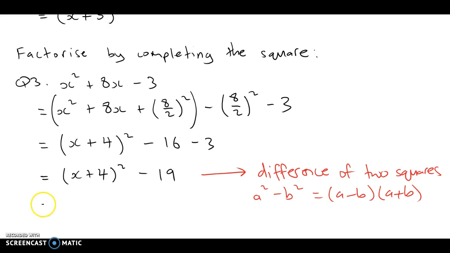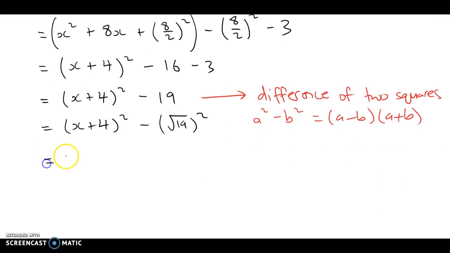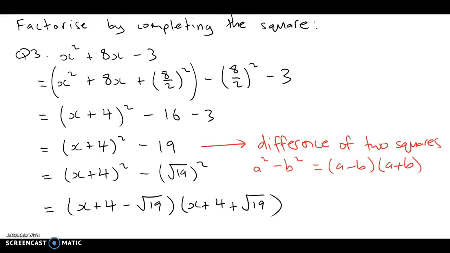Let's keep going. x plus 4 squared minus root 19 squared will give us x plus 4 minus root 19, x plus 4 plus root 19. And now we've fully factorized that original quadratic.